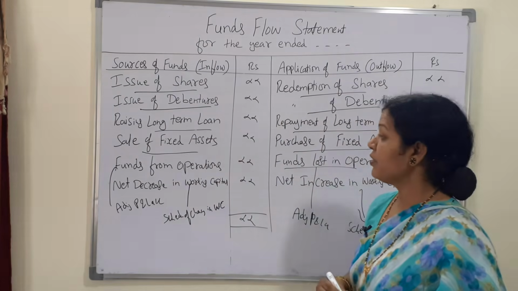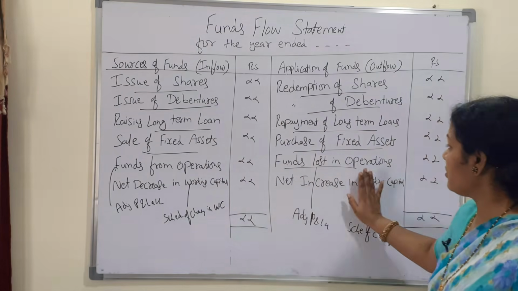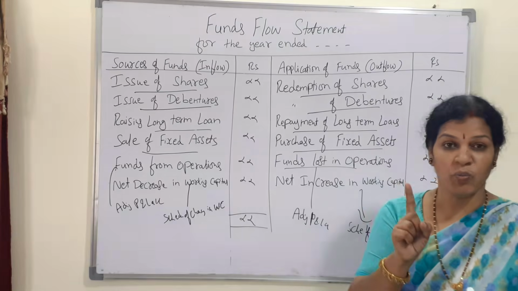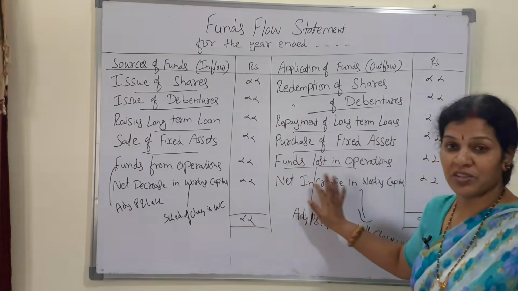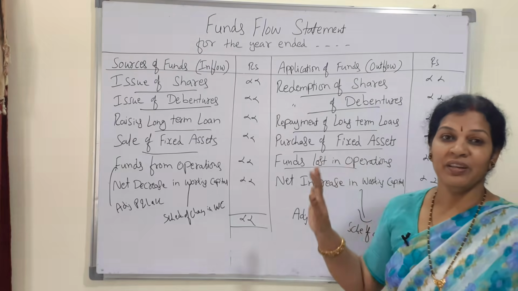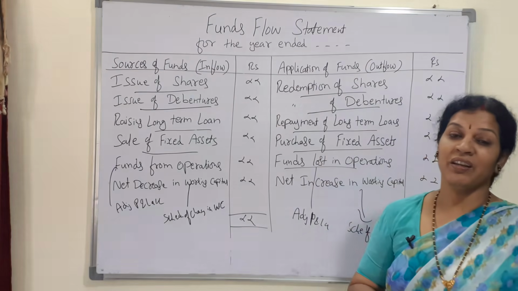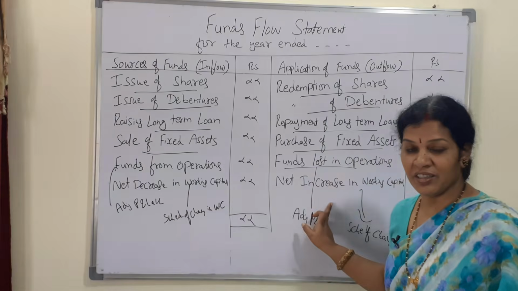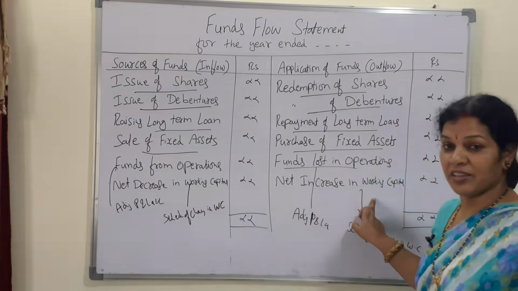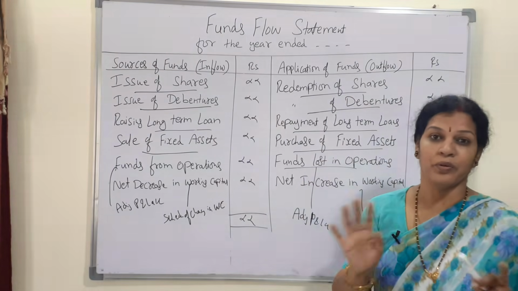Please remember, you get either funds from operations or funds lost in operation. Any one you get. If you get funds from operations, you will not find funds lost in operation. In the same way, net increase in working capital or net decrease in working capital, any one only you will get, not both.